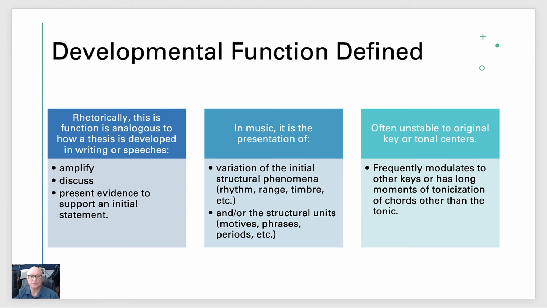And so you can use the structural units, the motives, the phrases, the periods, and change them. If you see a dramatic change, but it sounds like the material came from the exposition, you're looking at a development. It's often unstable to the original key or tonal centers. So frequently it modulates to other keys or has long moments of tonicization of chords. The important thing is other than the tonic. So that's what development really does.